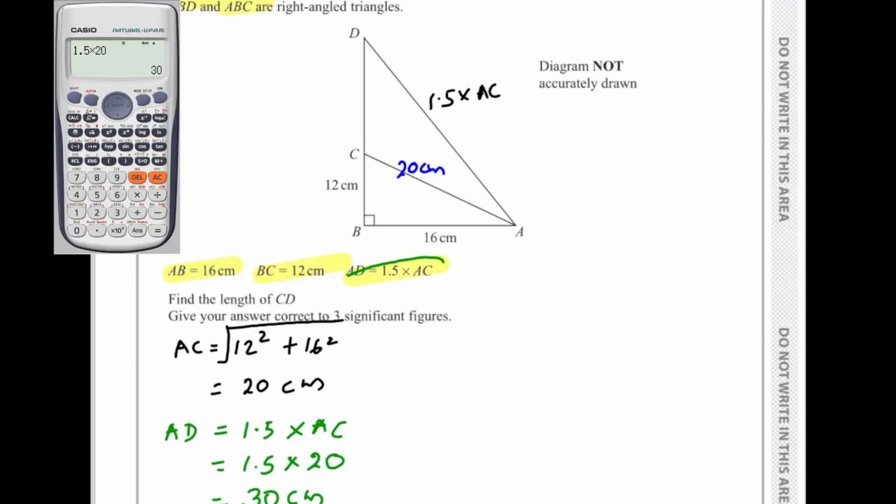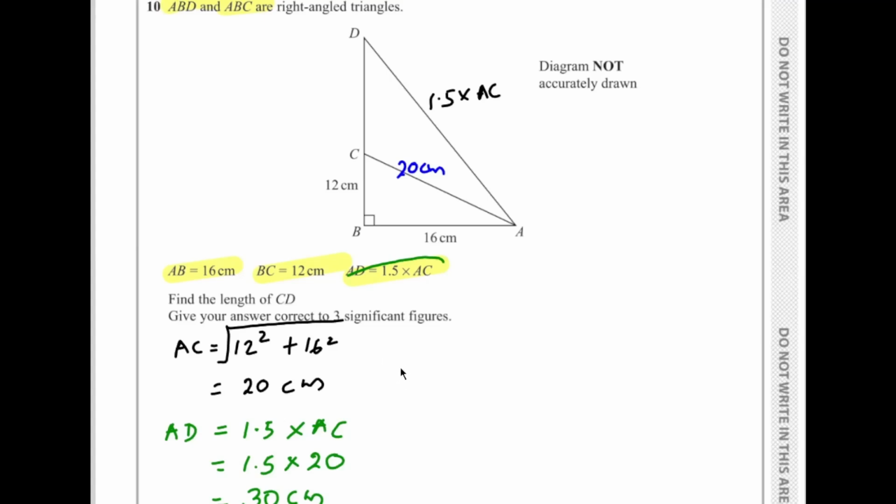Now let's move on to ABD. So to get BD, I can use this triangle ABD, and again I can apply Pythagorean theorem. So I'm using AD squared equals BA squared plus BD squared.